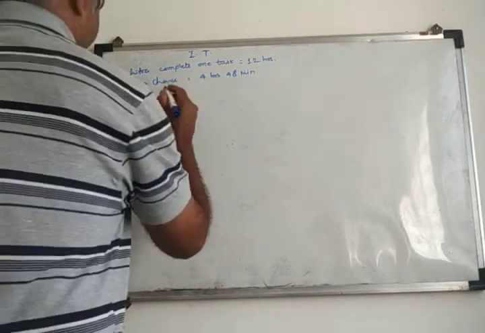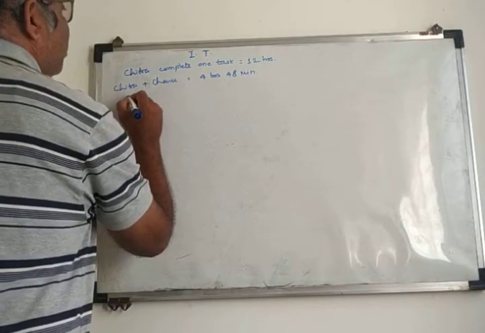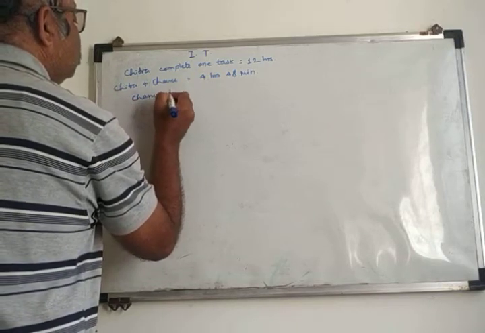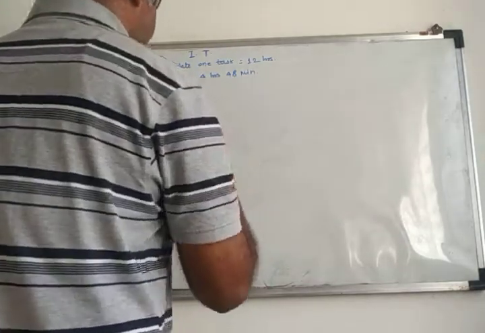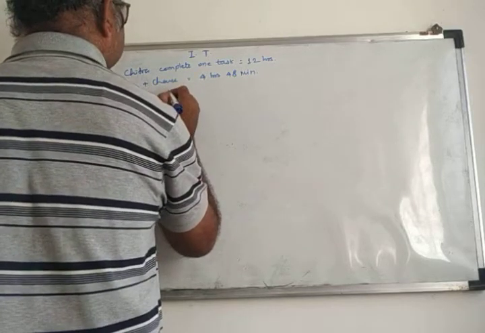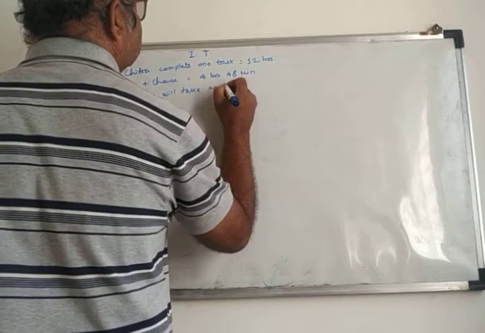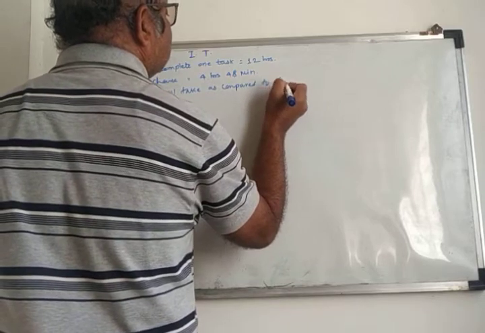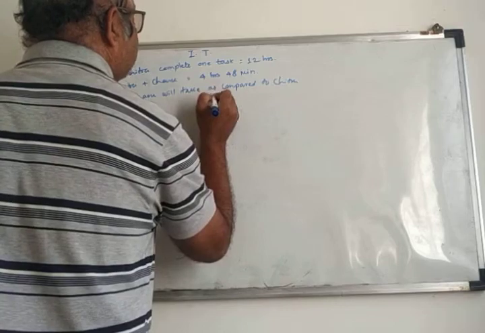And they have asked to find how much time is required by Charu alone to complete the task, or how much less time Charu will take as compared to Chitra.